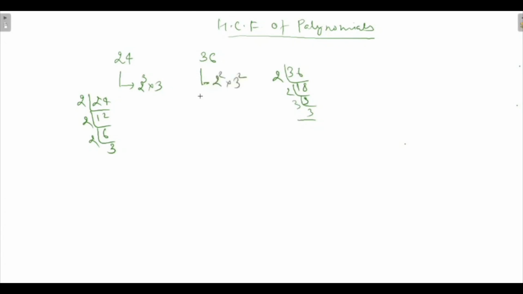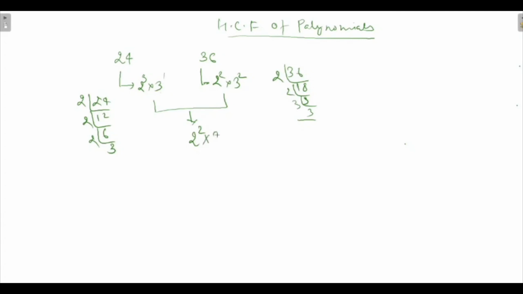Now what will be the HCF of these two? We take basically the highest common factor. For 2 to the power 3 and 2 to the power 2, which one can I take? I can take 2 square, since 2 square is in both of them. Similarly, 3 to the power 1, I can take common from both of them.